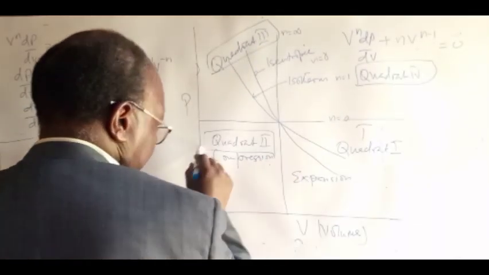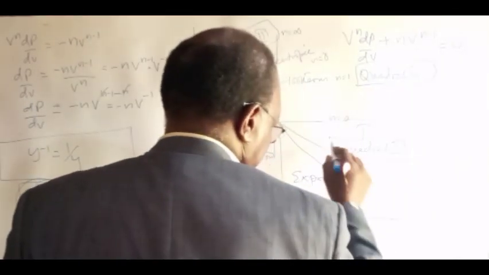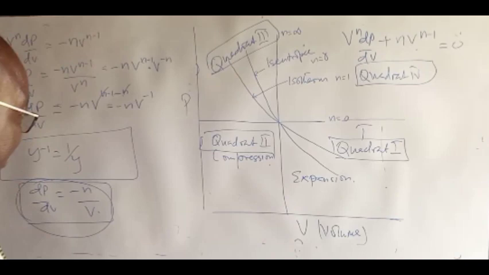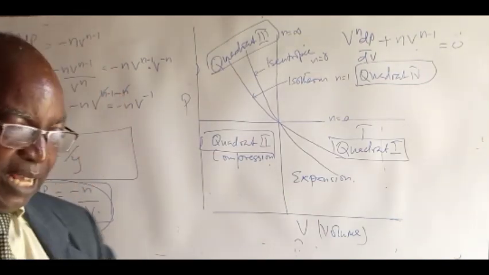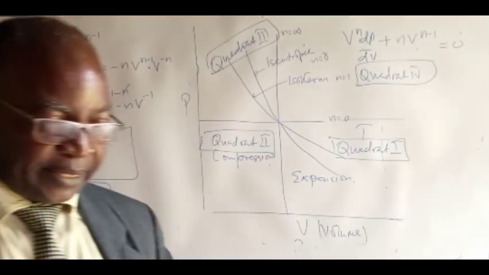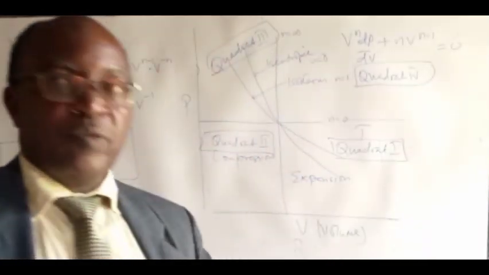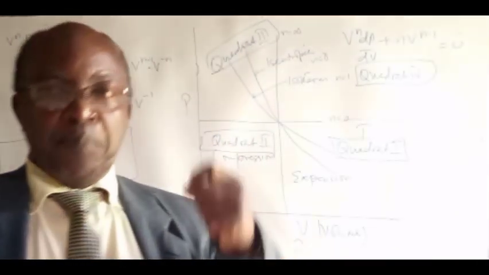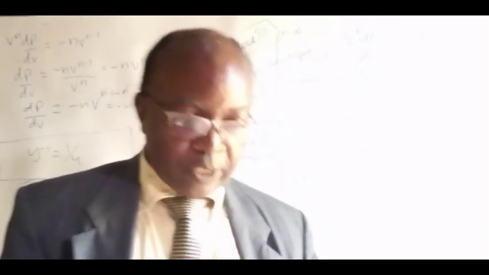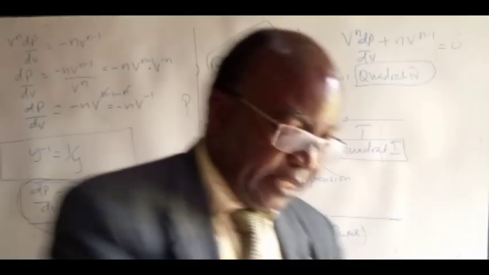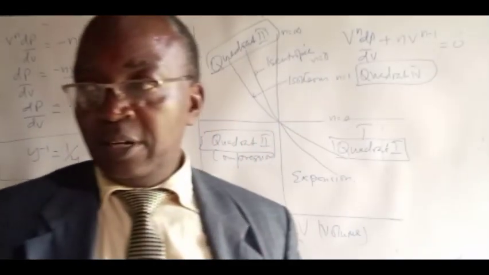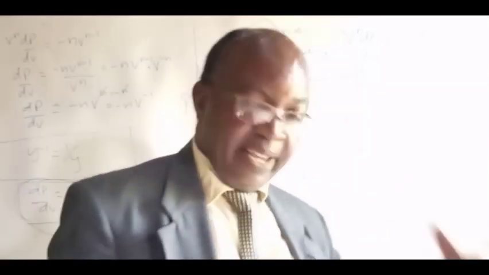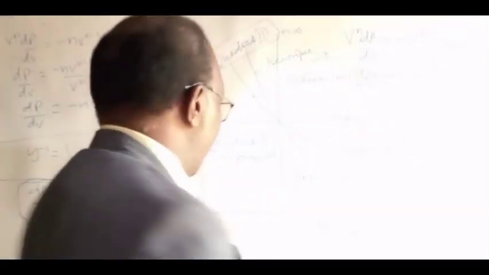Quadrant 2, quadrant 1. Now you notice that based on that kind of equation, what we are getting there is telling us that pressure is directly proportional to volume, and that violates Boyle's law. What it's saying is if you increase the pressure, you increase the volume. That's incorrect. In terms of empirical data, when you increase the pressure, the volume decreases, or vice versa.